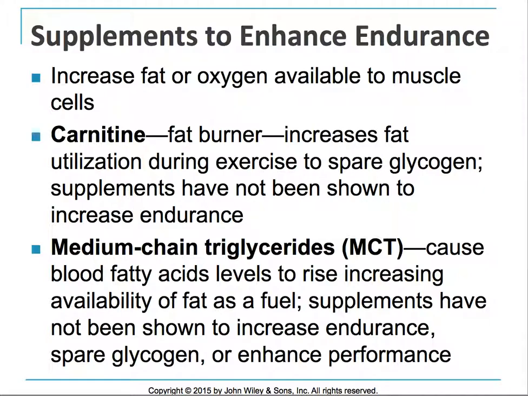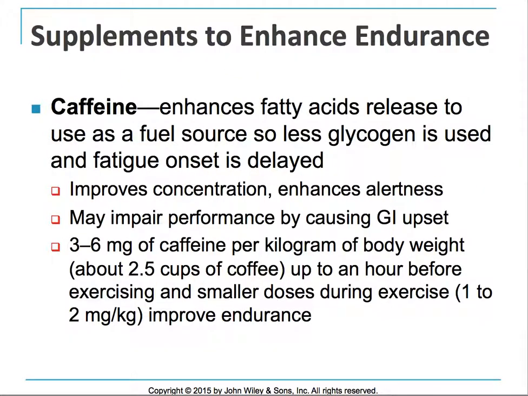Next, we have medium chain triglycerides, or MCT. They cause blood fatty acid levels to rise, increasing the availability of fat as a fuel. Supplements have not been shown to increase endurance, spare glycogen, or enhance performance. So again, a lot more money wasted on either of these supplements.